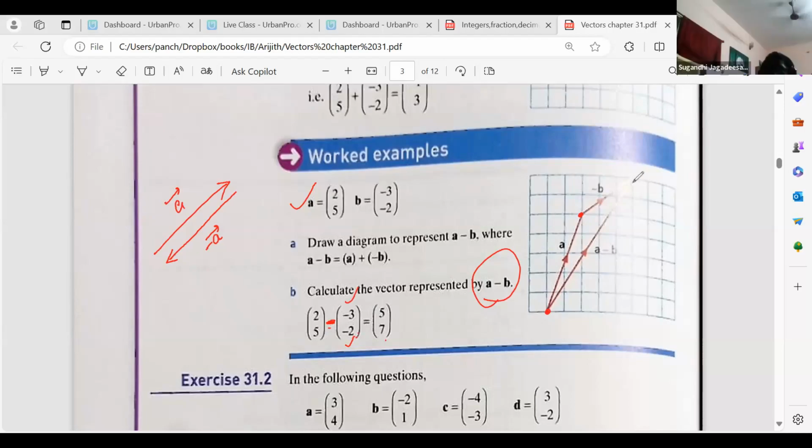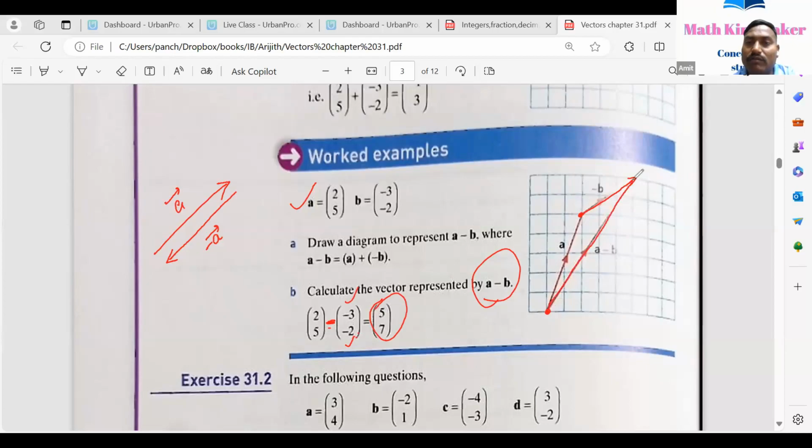From here to here we have drawn 3, 2. Now this 5, 7 will be represented by this vector. This vector, A minus B, will be 5, 7. Got it? Yes, sir.